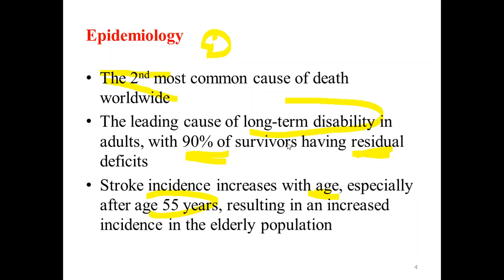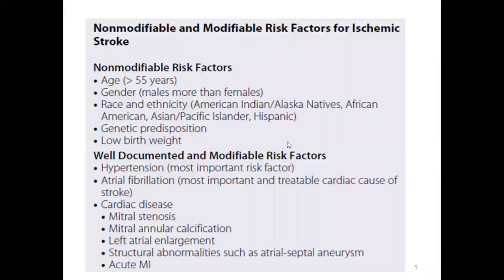Okay, good. Now, generally speaking, what are the possible modifiable and non-modifiable risk factors for stroke? The non-modifiable ones are age, gender, maybe it is common in African race, genetic predisposition. Those are the non-modifiable.